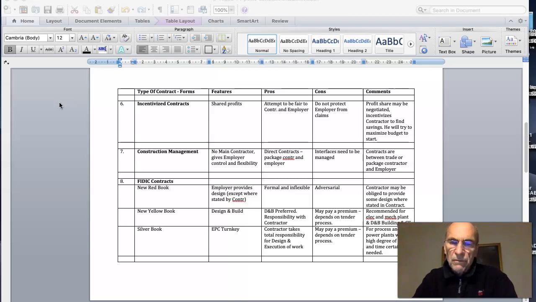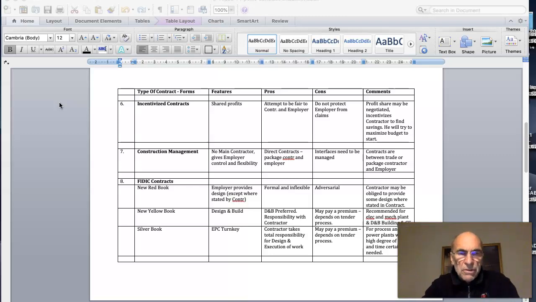Sometimes it's 50-50, sometimes it's 60-40, sometimes it's another percentage. But what's a feature of these sort of contracts is that the contractor will usually try to negotiate the maximum possible budget so that he then maximizes the savings when he actually comes to implement the contract.